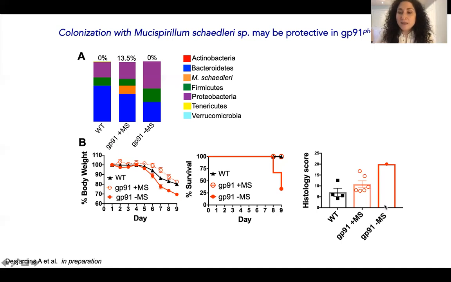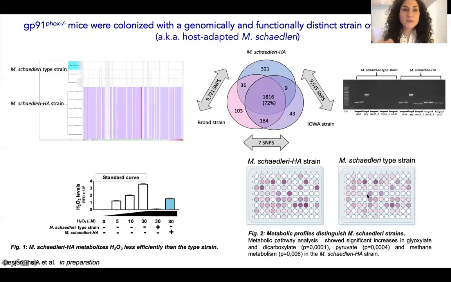And we find that the GP91 mice not colonized with Mucispirillum schaedleri had worse histology scores compared to those who were colonized with this bacteria. So at this point, we had to take a closer look at our Mucispirillum schaedleri strain. We isolated the bacteria from our mice and performed whole genome sequencing. We compared the sequences from all the isolates from our mouse colonies to all the published isolates and the type strain of this bacteria, which we also obtained.